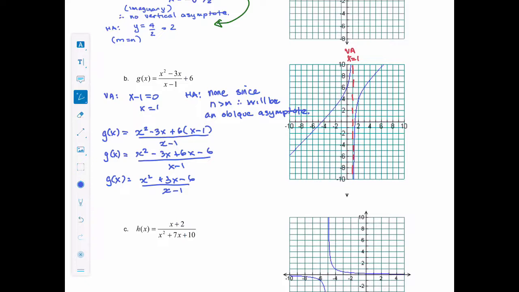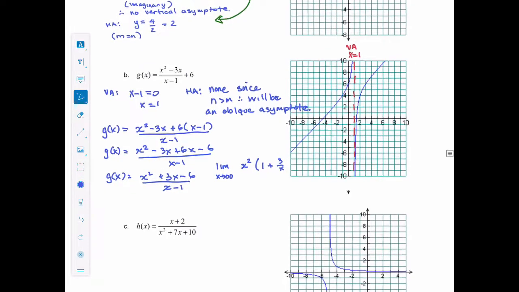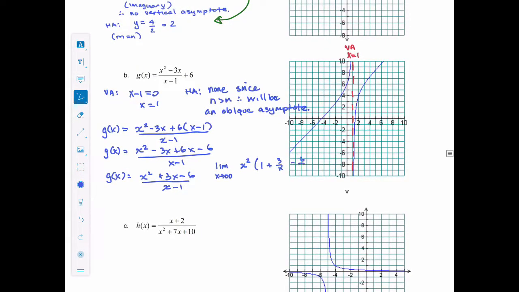So let's do this. I'm going to take the limit as x approaches infinity, and we're going to do the same thing we did in the question above. In the numerator, we factor out the first term. So we're left with 1 plus 3 over x minus 6 over x squared. And on the denominator, we're going to factor out the x, and we're left with 1 minus 1 over x. We're going to treat this the same way we did the last example.